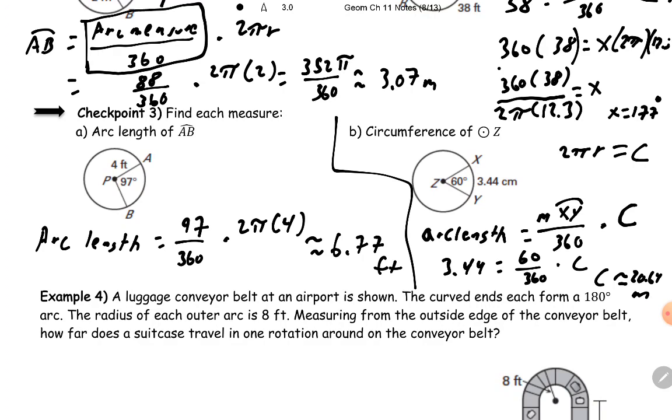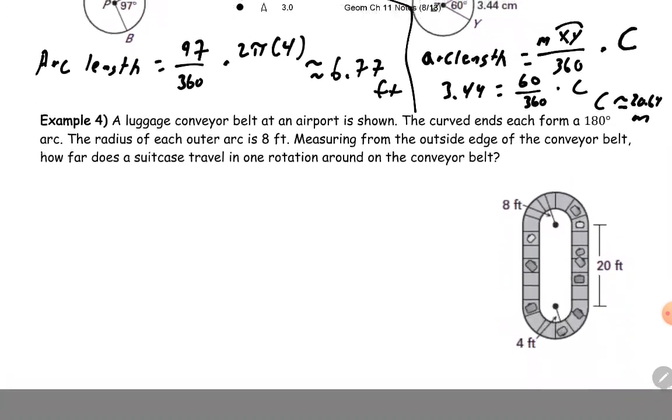Now, if you wanted to take it one step further and find the radius, you would divide that number by 2 pi, and you would get your radius.